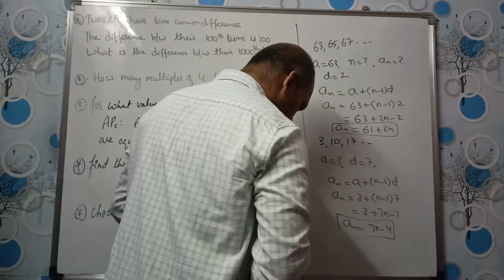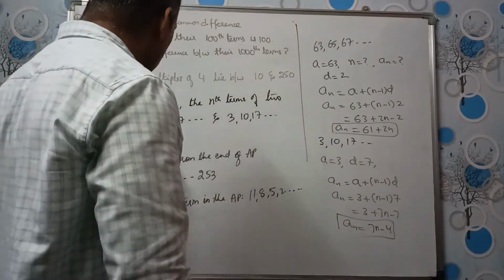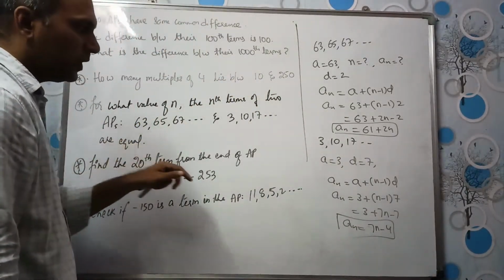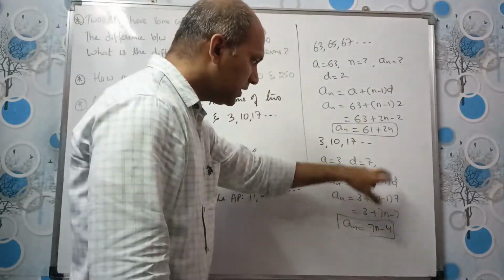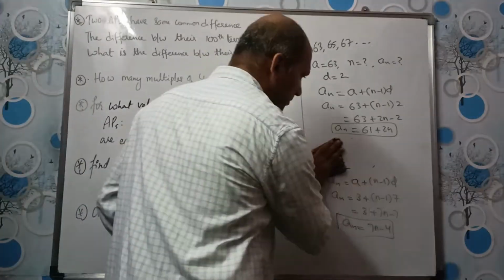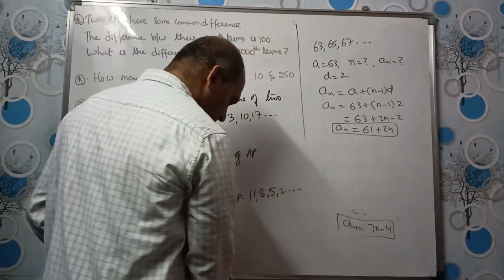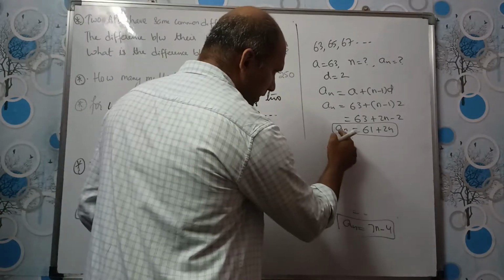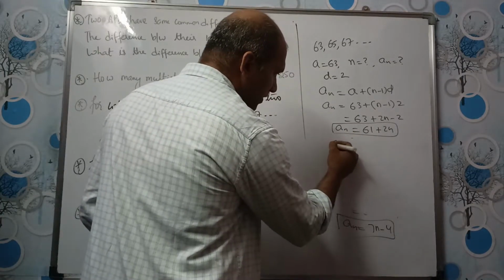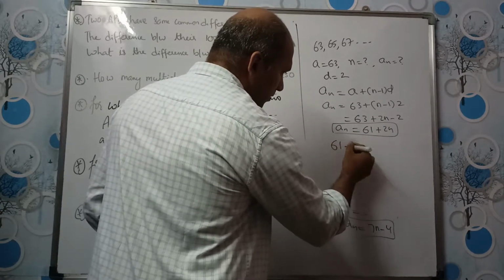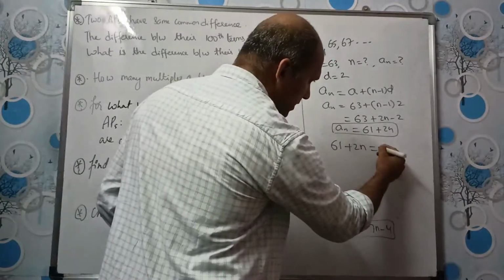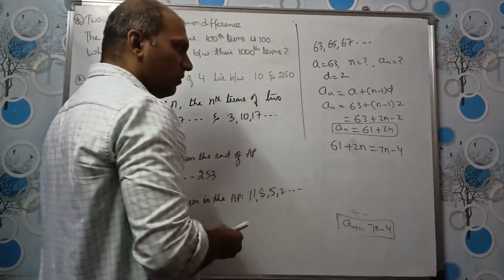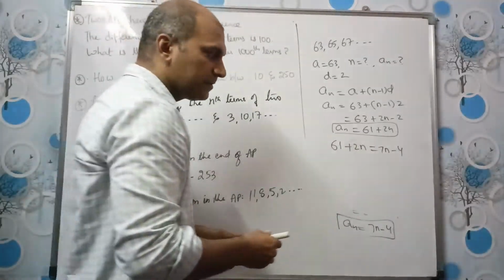Now see what is given to us. It is given that the nth terms are equal. This is the nth term of the first series, this is the nth term of the second series, so these two terms are equal. So let me equate these two and simplify. 61 plus 2n, the nth term of the first, is equal to 7n minus 4. From here we need to find the value of n.